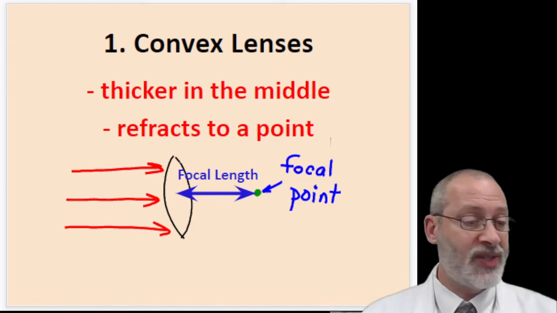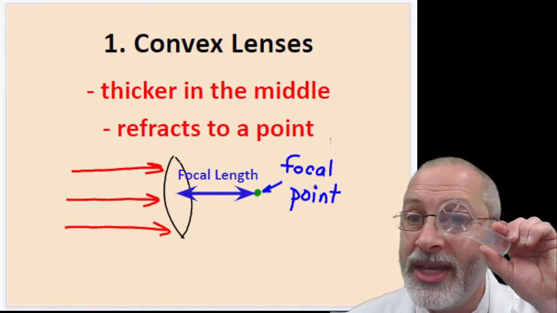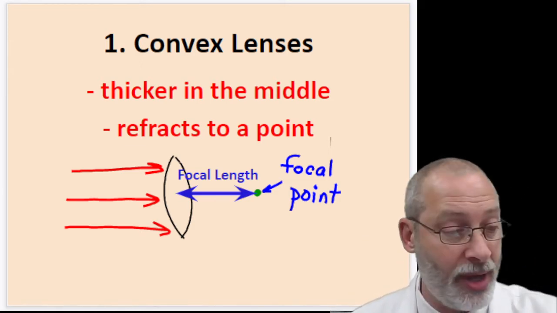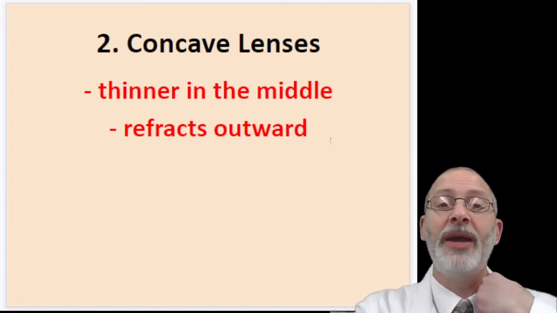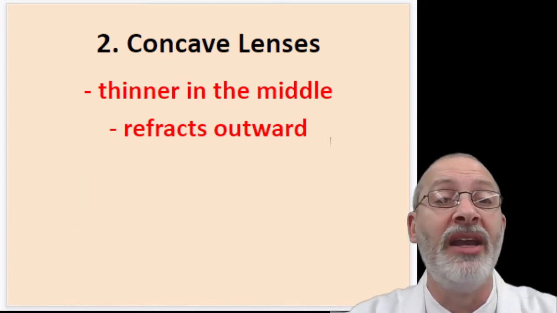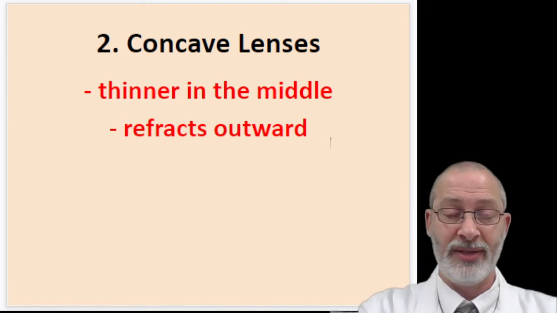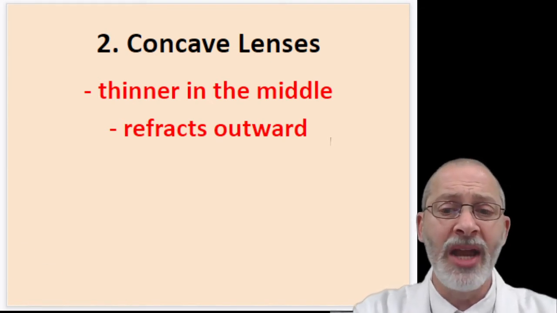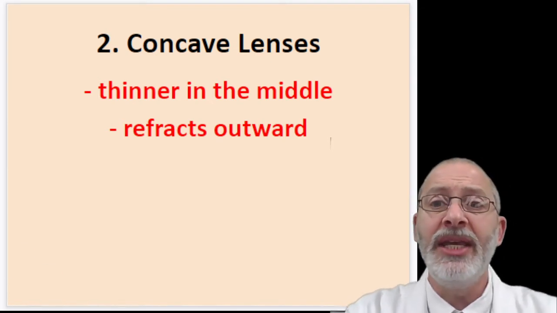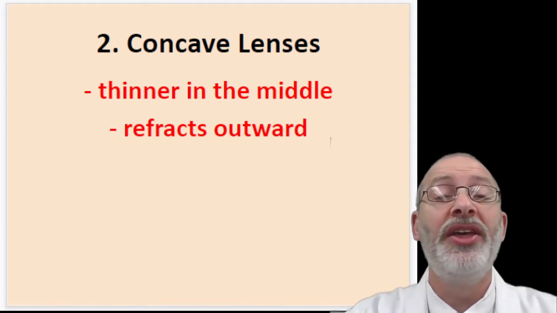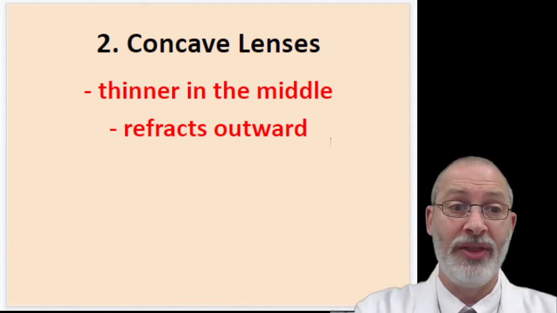So a convex lens is one type of lens. The other type of lens is a concave lens. A concave lens is one that is thinner in the middle.